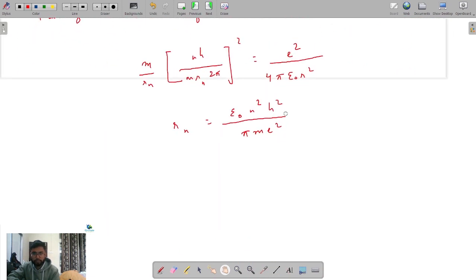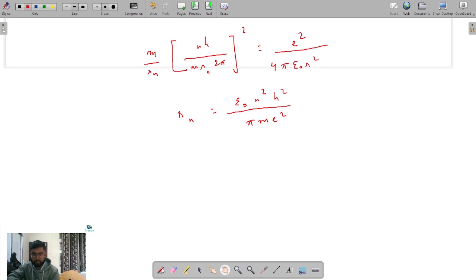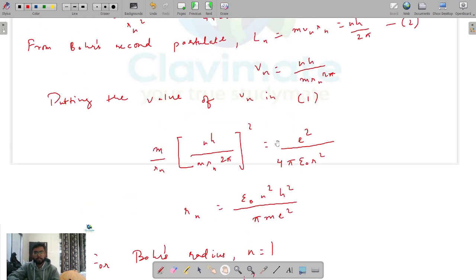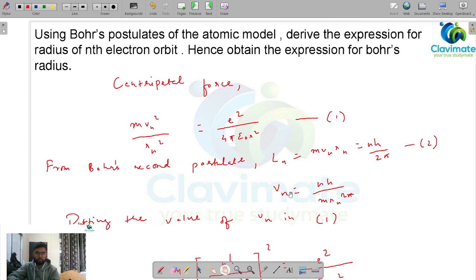So for n is equal to 1, for Bohr's radius, we'll have R1 is equal to epsilon naught h square by pi m e square. This is the end of our solution.